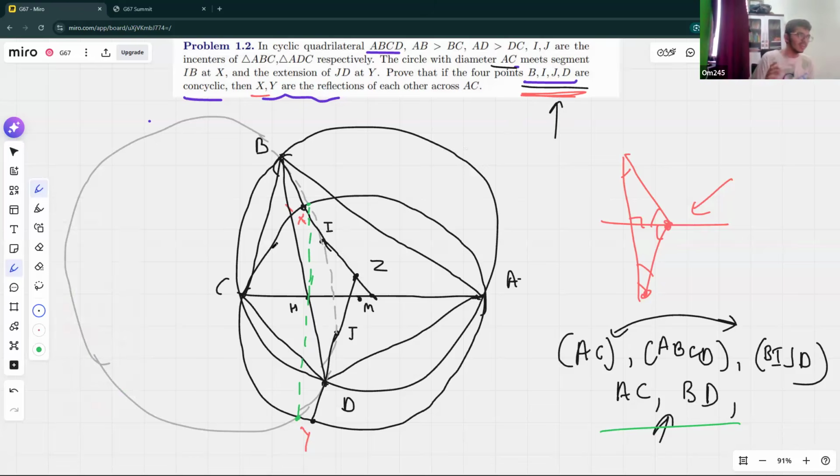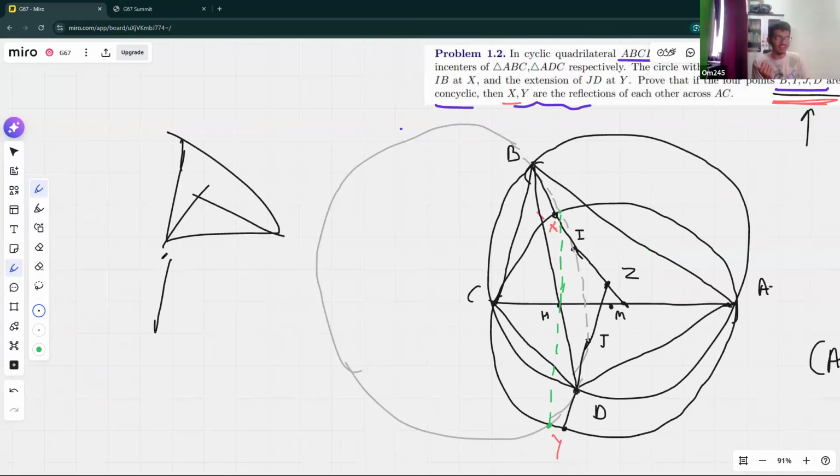Okay, Z. Now this point Z is the intersection of two angle bisectors. This is not in the same triangle, right? If it were in the same triangle, the intersection of two angle bisectors would be the incenter. But now it's diagonally opposite in the quadrilateral.